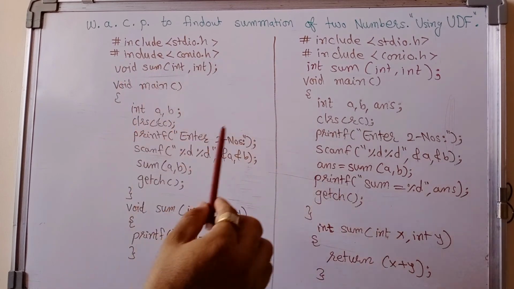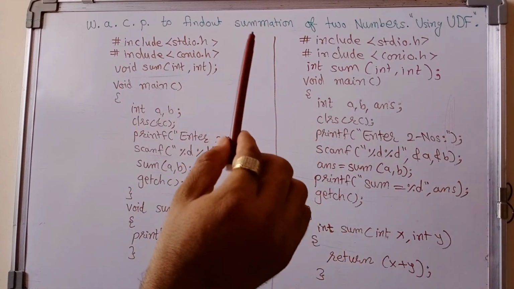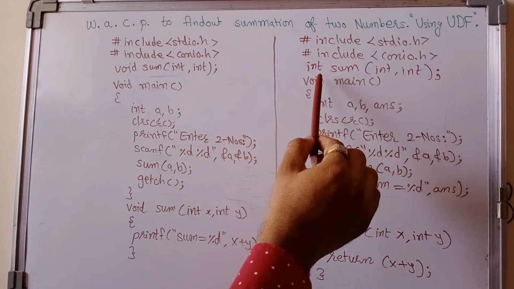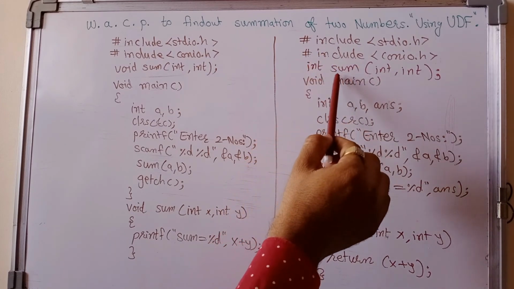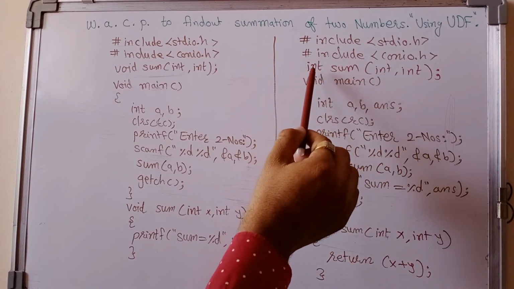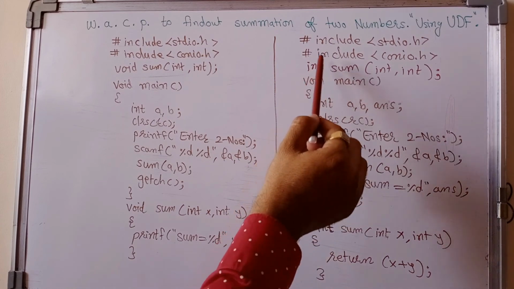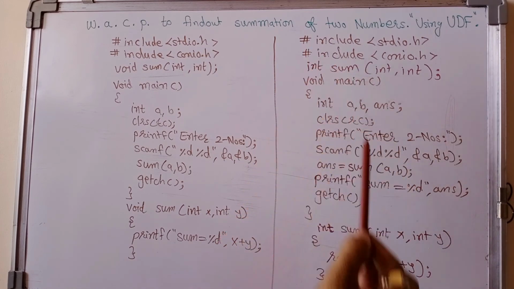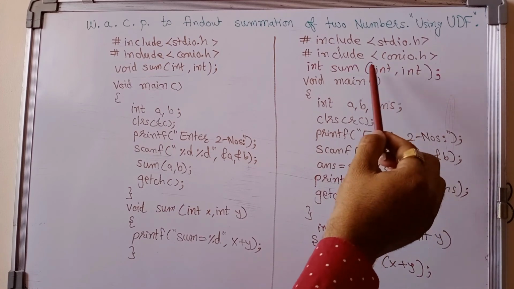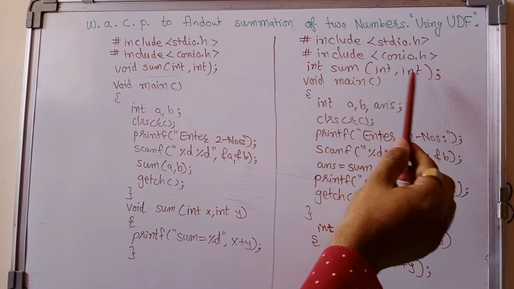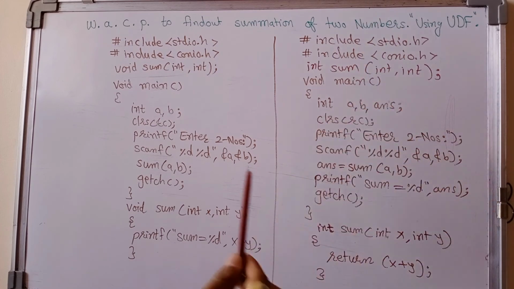So a function prototype generally tells the following items. First of all, the function's return type: is the user-defined function going to return any value or not? If the function is going to return a value, it will be the data type here. Then, what is the function name? Second, how many arguments does that function consist of, and the data type of each argument.